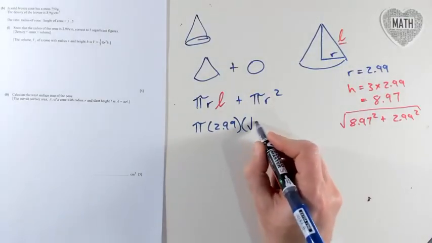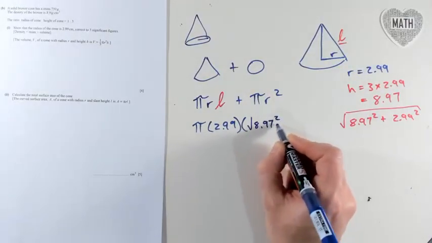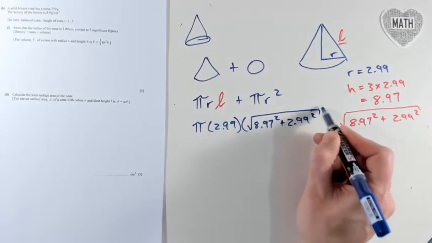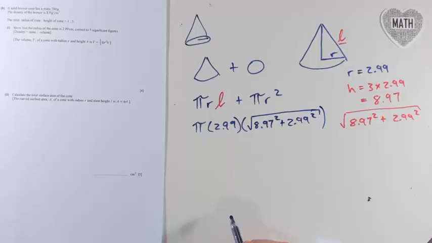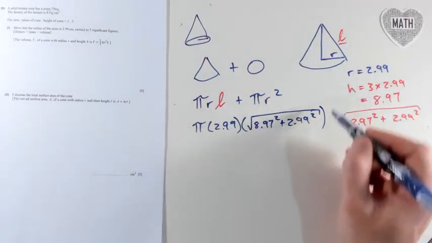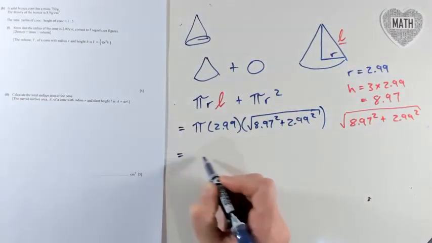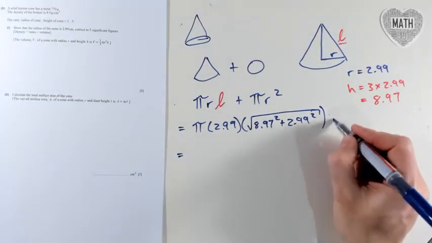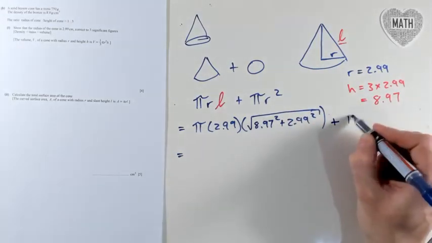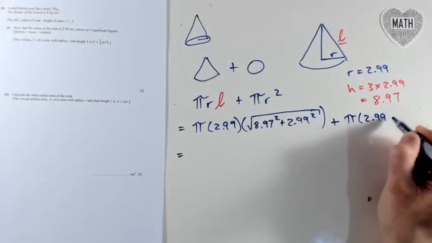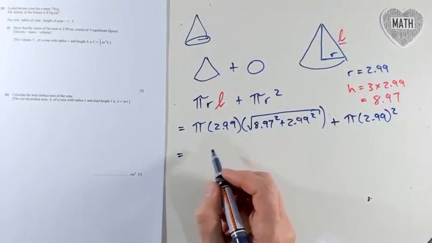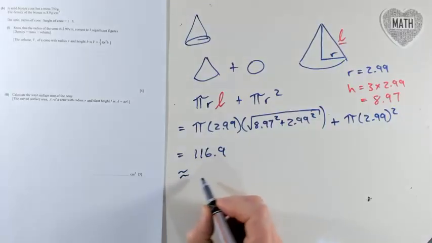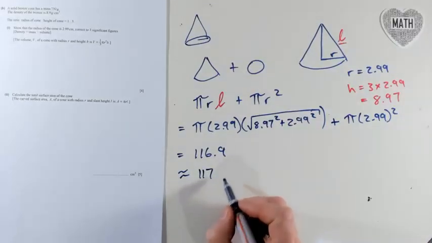That's the one part. And I'm going to add, oh, I'm running out of space here. Let me just take this out. Don't need this now. Plus the pi r squared, the pi, and the 2.99 squared. And if I work all of this out, I should get 116.9. And then to 3 significant figures, that would just be 117.